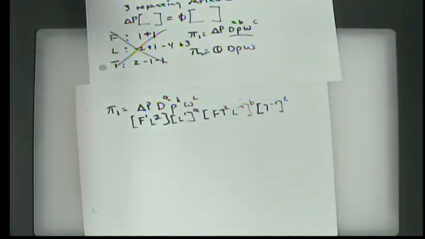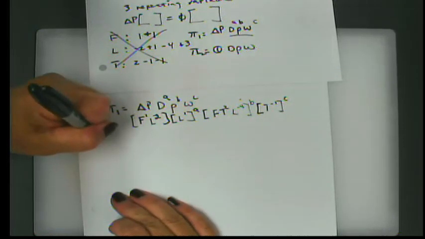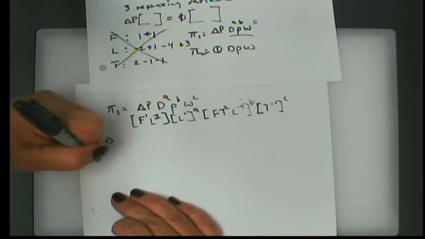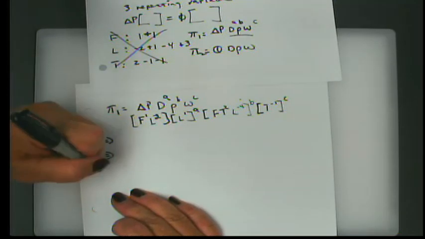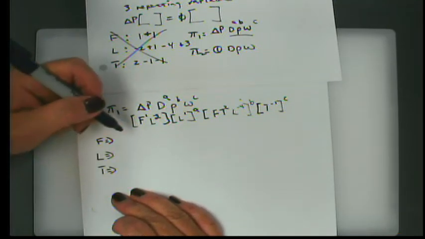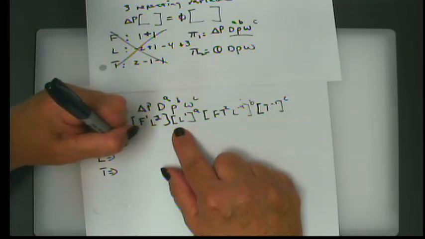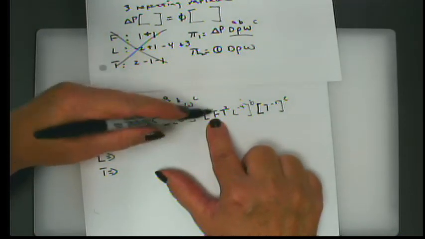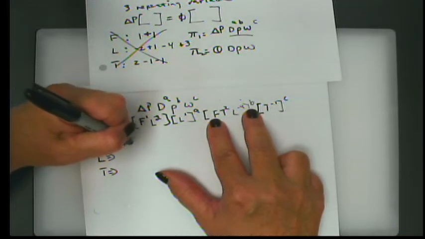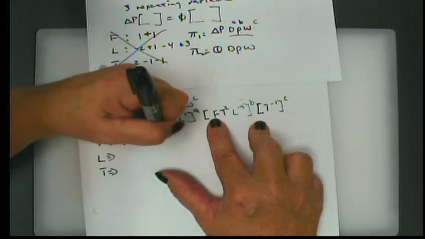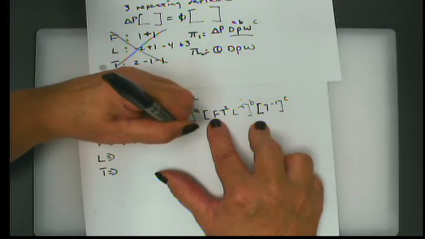Now here's where we want my F powers to be equal to 0, my L powers to be equal to 0, and my T powers equal to 0 as well. Here we have F to the 1, and here we have F to the B, equals 0. So that tells me that B equals -1.